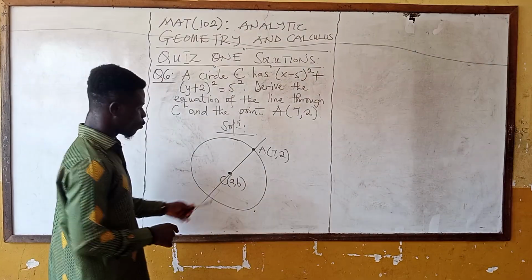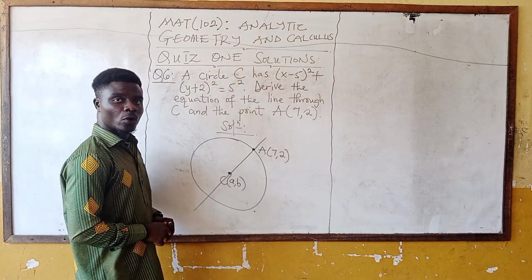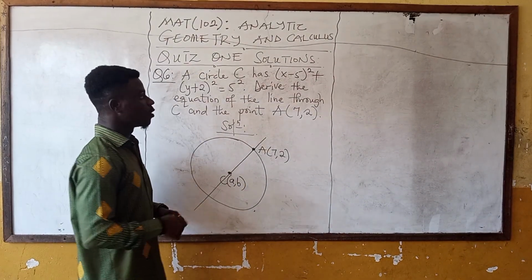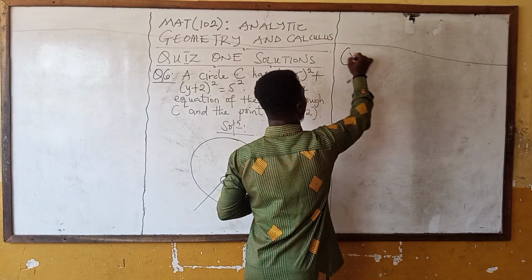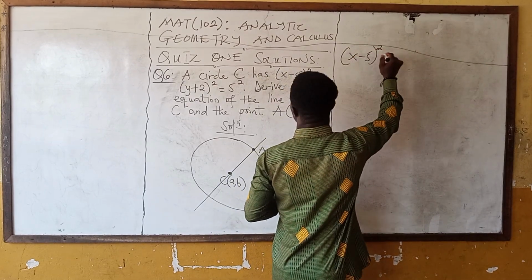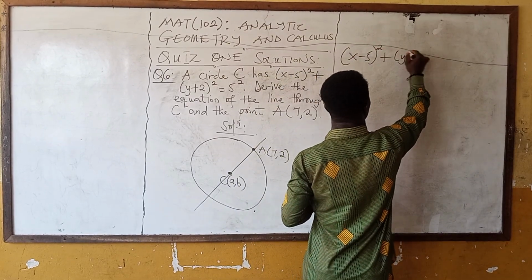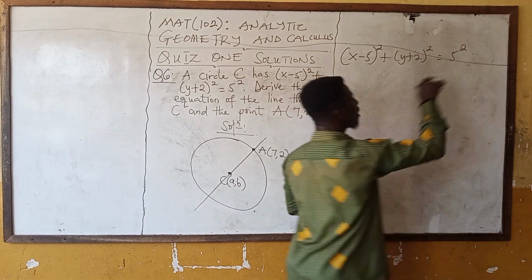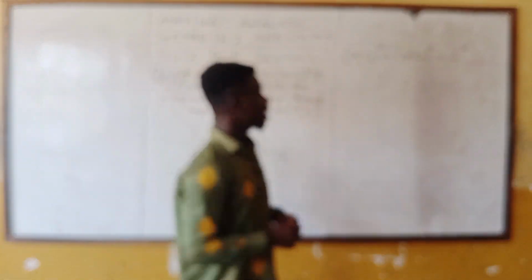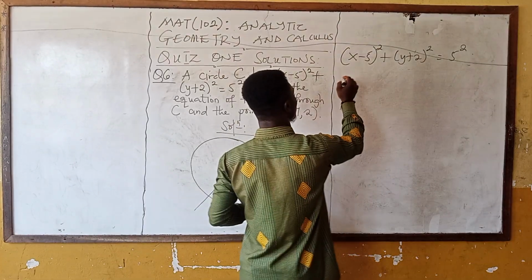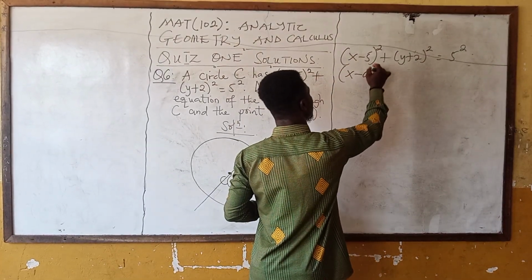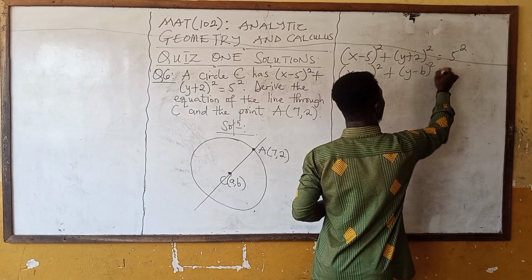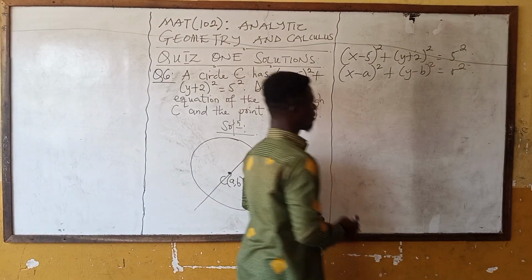First of all, we don't know the center of the circle, but they've given us the equation: (x minus 5) whole squared plus (y plus 2) whole squared equals 5 squared. We can compare this to the general equation of the circle, (x minus a) whole squared plus (y minus b) whole squared equals r squared.